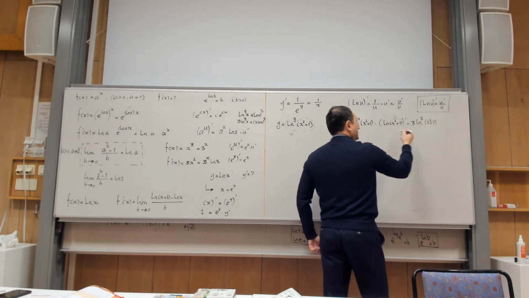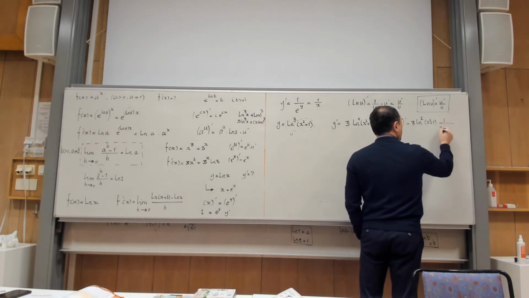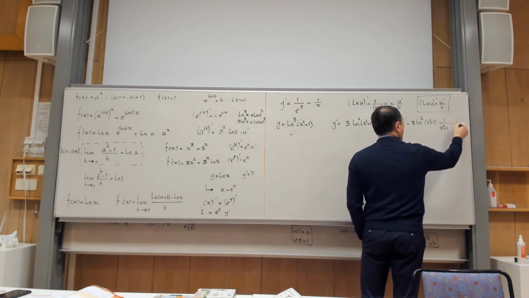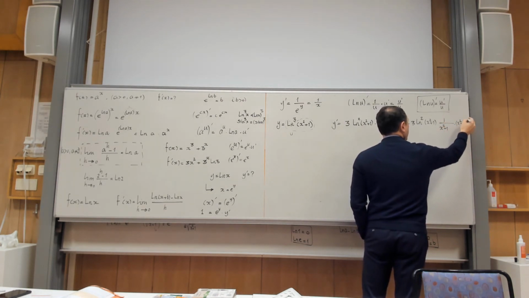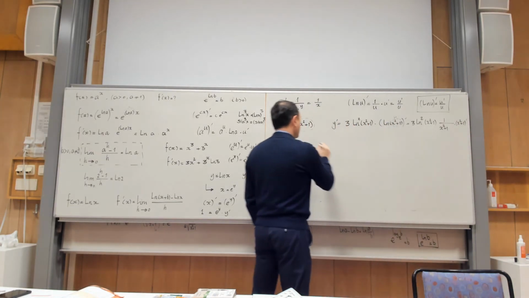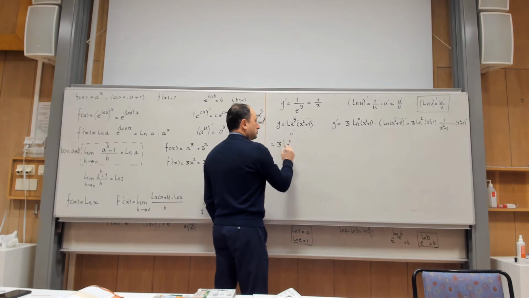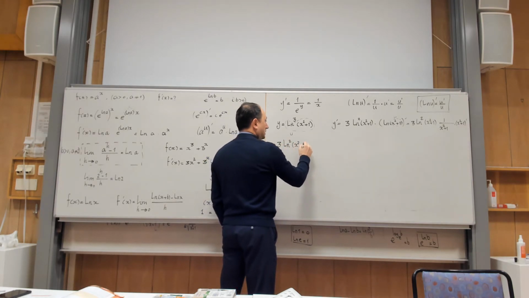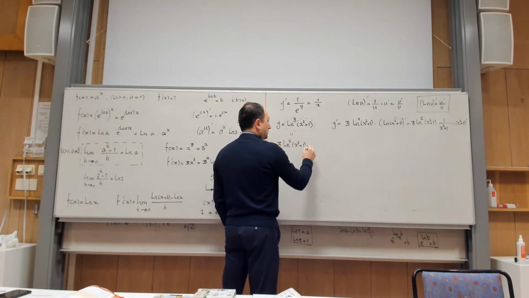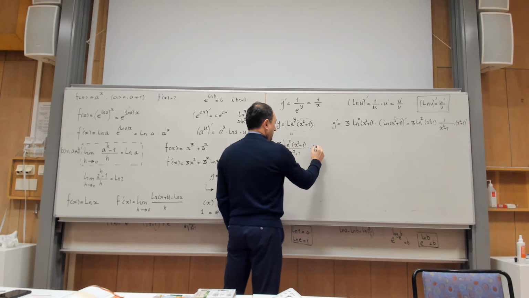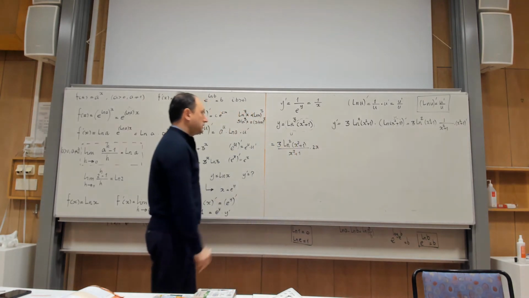The derivative of this one becomes 1 over x squared plus 1, but multiplied by the derivative of u. And finally, this becomes 3 ln to the power of 2 of x squared plus 1. You can make it in the denominator x squared plus 1 and then multiply it by 2x. So that is your derivative.